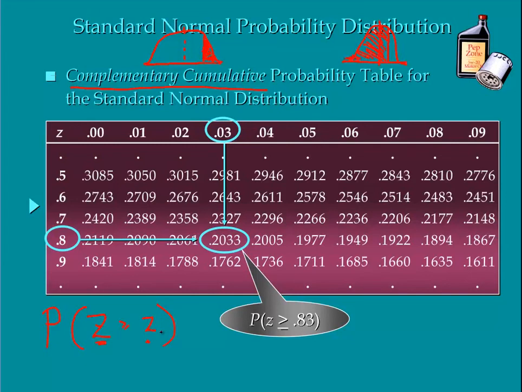Okay. So how do we find it here? We're going to break this up into 2 parts. So our number here is 0.83. We're going to have it to 3 digits, so 0 point something something.